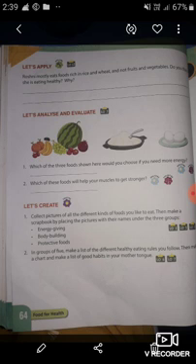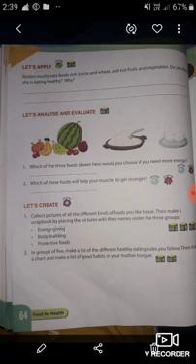So look at the pictures. Here the second picture, that is rice, is an example of energy giving food. So here your answer is rice. You have to write rice in the given blank.